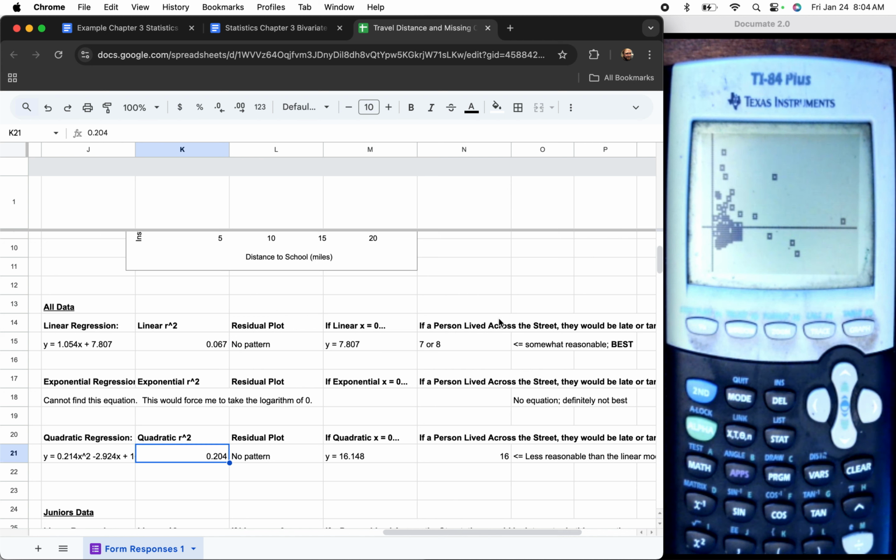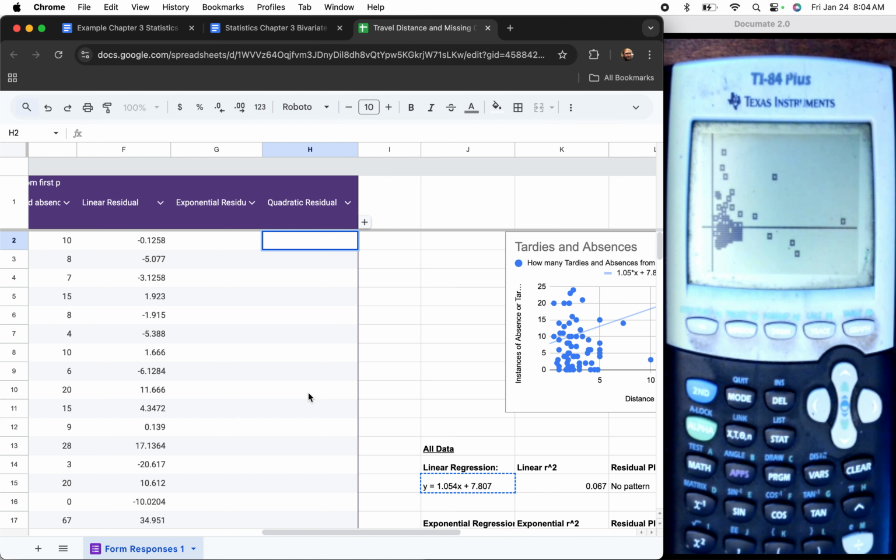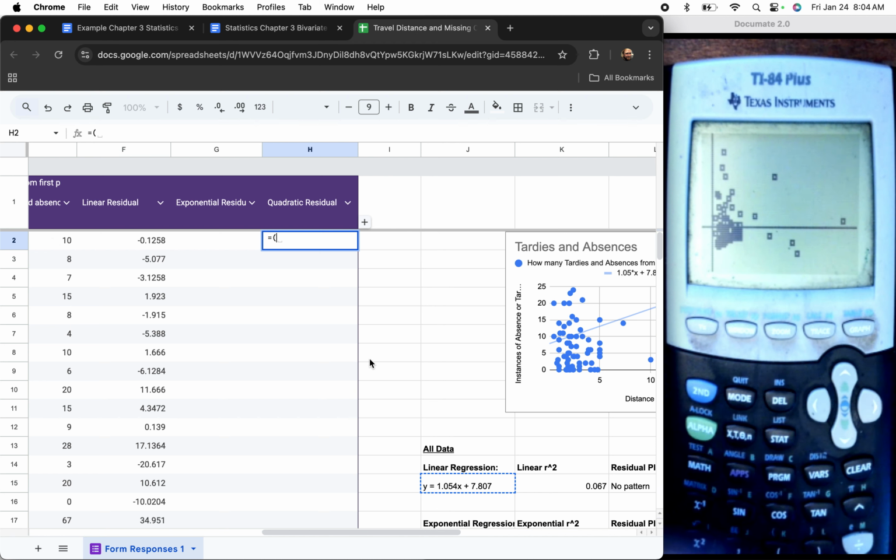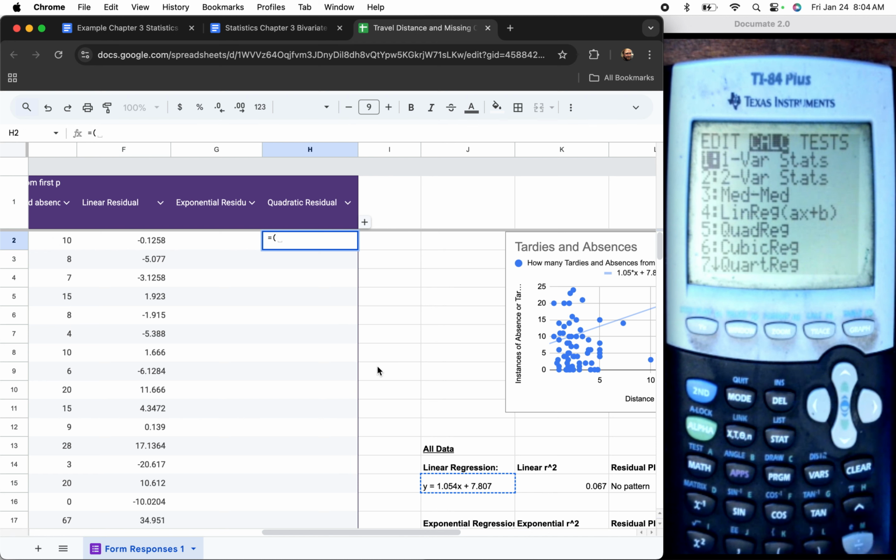So we would need to then... here, we can also play with looking at the quadratic residuals if you would like. You can always create an equation by hitting equals and then parentheses. And what we can do is take our quadratic regression equation. Here, let me rerun it just so that I've got it on the screen right here.